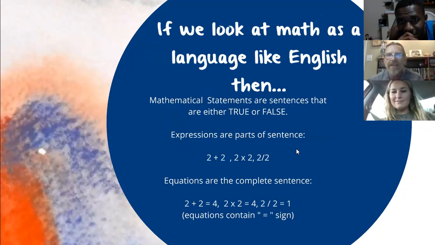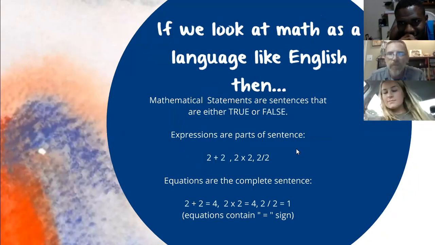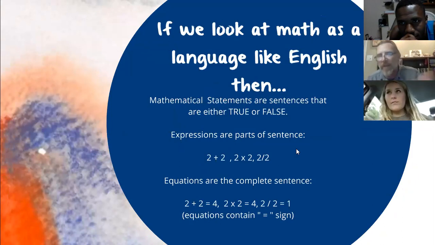One way to look at this, and I've brought this up before, is to look at math as a language like English. Then mathematical statements are sentences that are either true or false. Expressions are parts of the sentence, like sentence fragments. We take certain sections of sentences and put them together, and that makes complete sense.